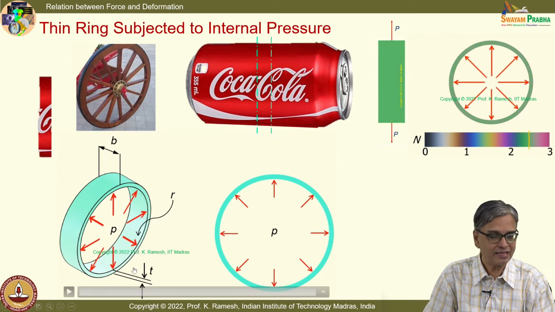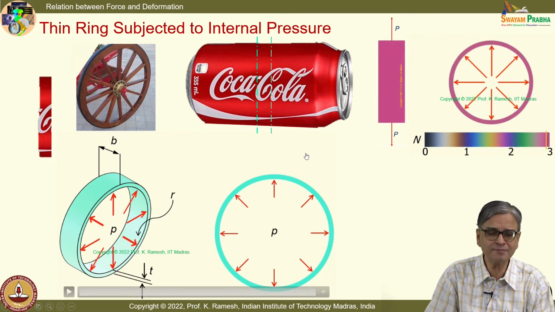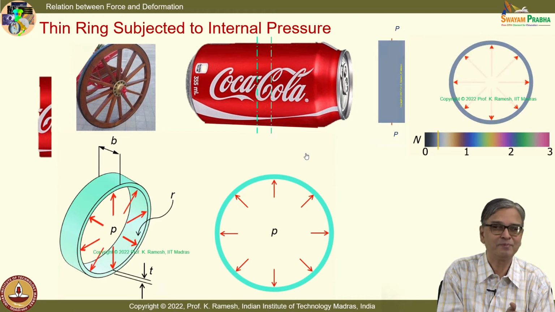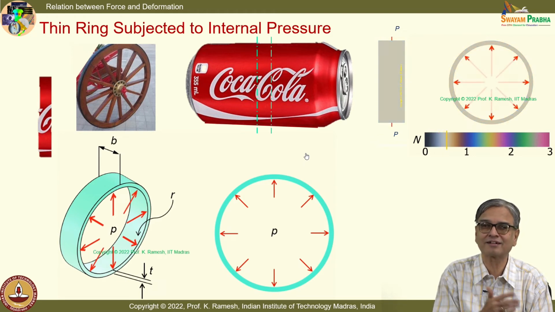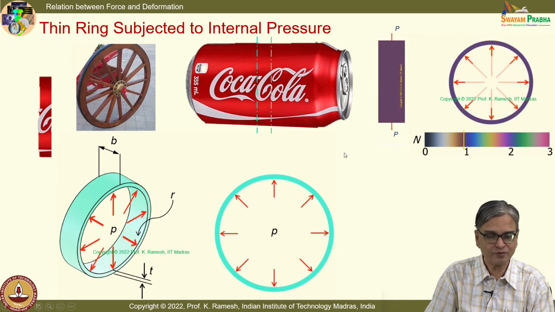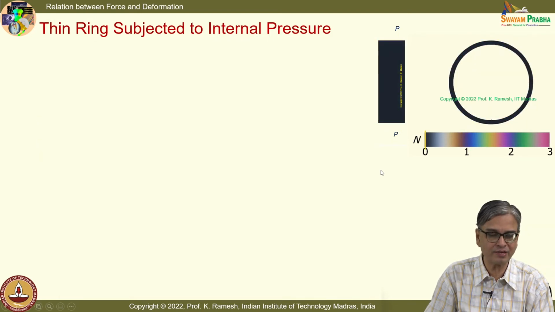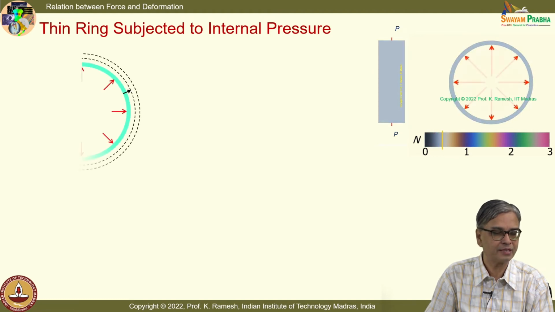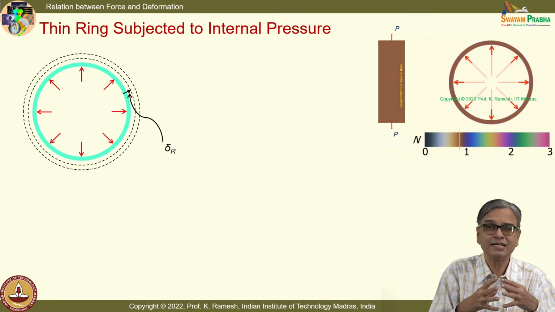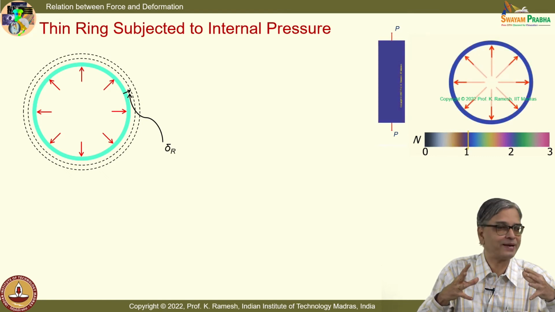I have a thin ring subjected to internal pressure. I have shown this because this is what you are able to see easily these days. Maybe in old movies you will see a carriage driven by horses. Okay. So, we want to solve this. We will do the free body diagram, and we also visualize that when there is pressure, the cylinder expands.